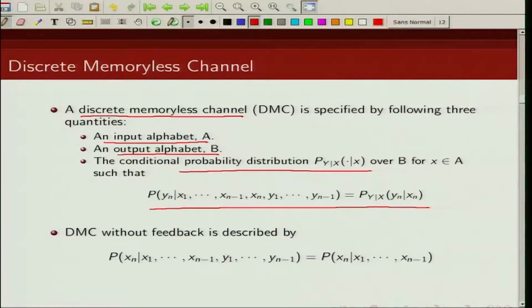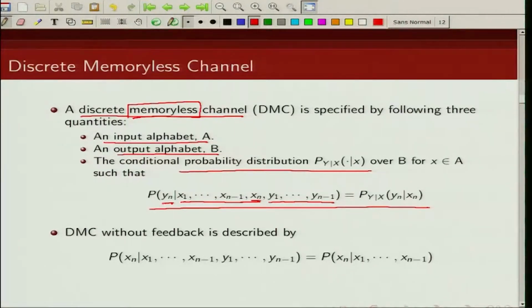Now as you can see, for a discrete memoryless channel, consider the probability of yn given past inputs x1, x2, up to xn minus 1, the current input xn, and the past outputs y1, y2, up to yn minus 1. Because it is a memoryless channel, it does not depend on past values.